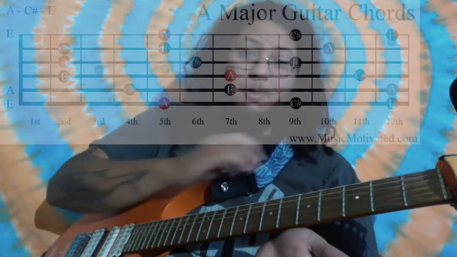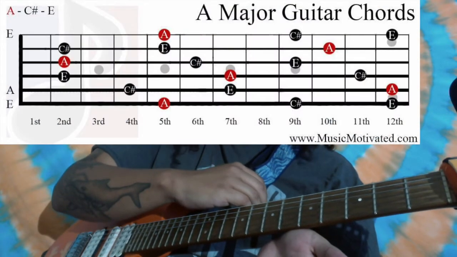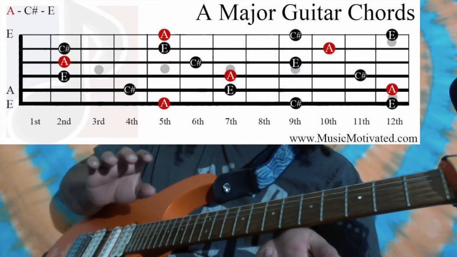Now, you have to memorize a couple different points of this in order to really get this concept. First of all, you need to figure out where your major scale is going to fall onto every chord position you're playing.